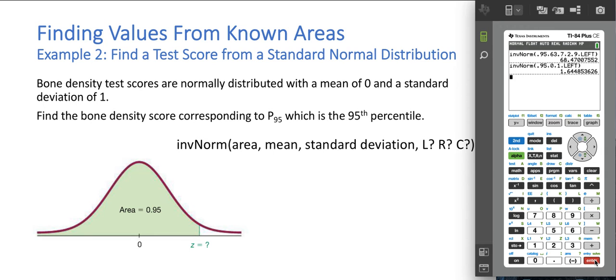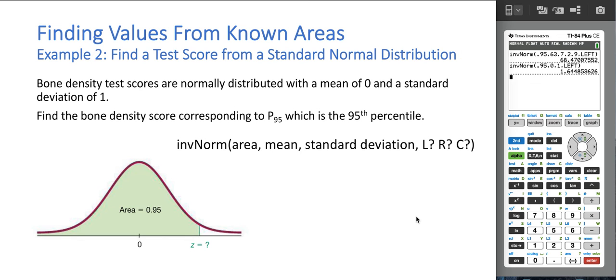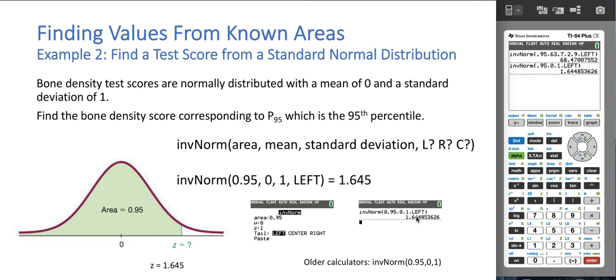And the z-score that corresponds to that area is 1.645 approximately. On the older calculators, the syntax is going to be inverse norm, left area, mean of 0, standard deviation of 1.